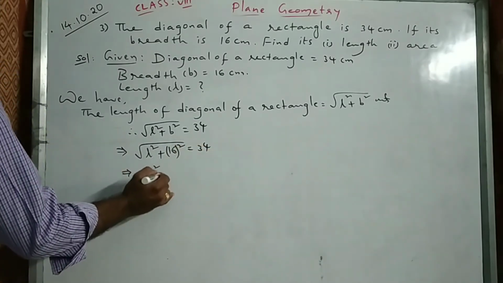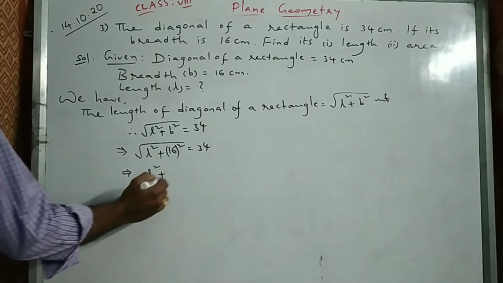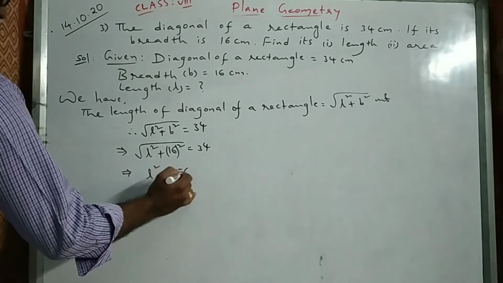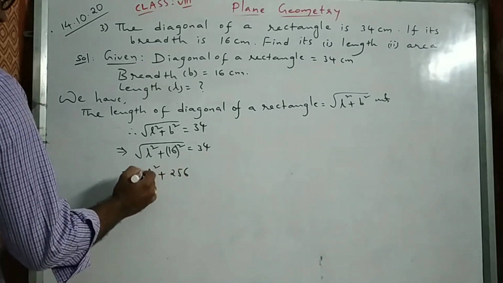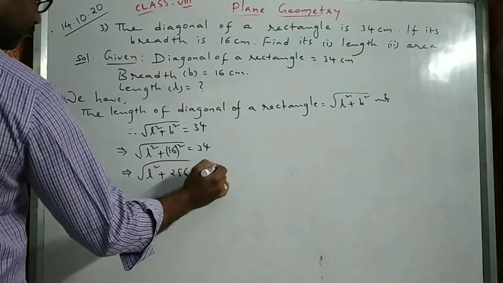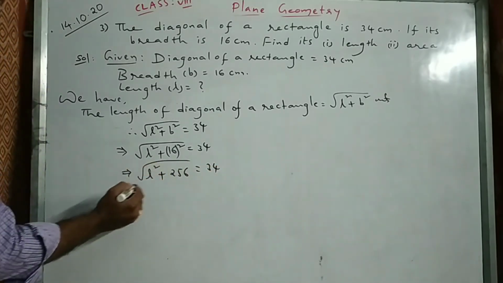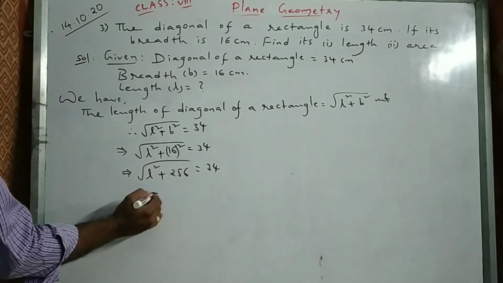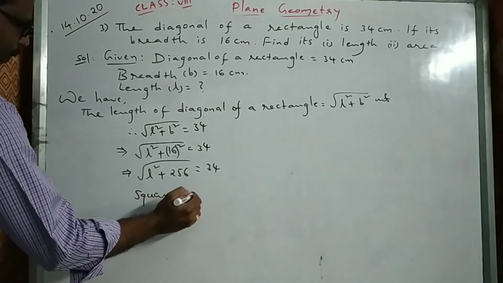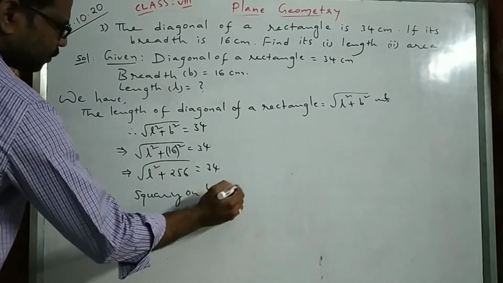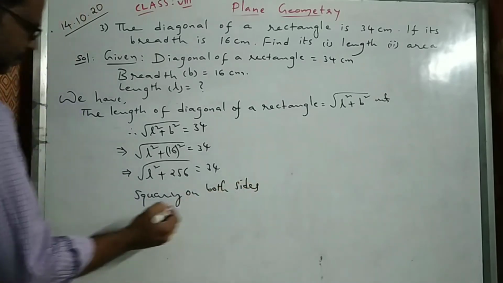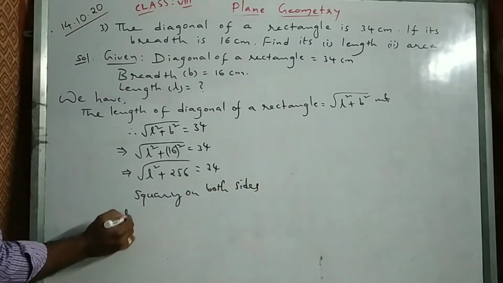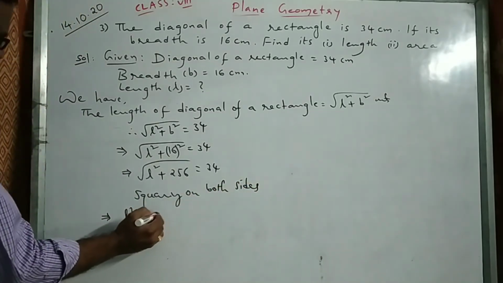So L square plus 16 16s are 256, under root equal to 34. So to remove this we have to take squaring on both sides. To remove the square root, what should you do? Squaring on both sides. Then square root will be cancelled.